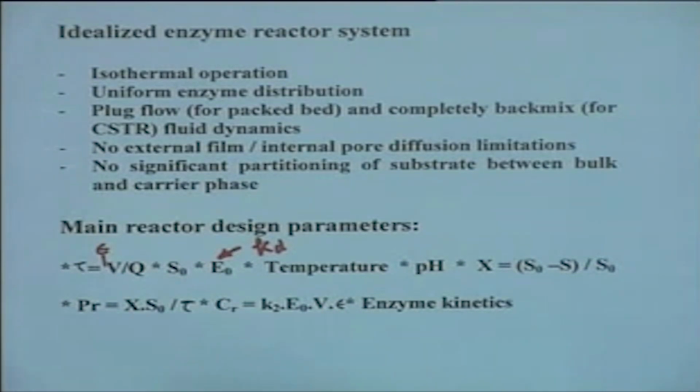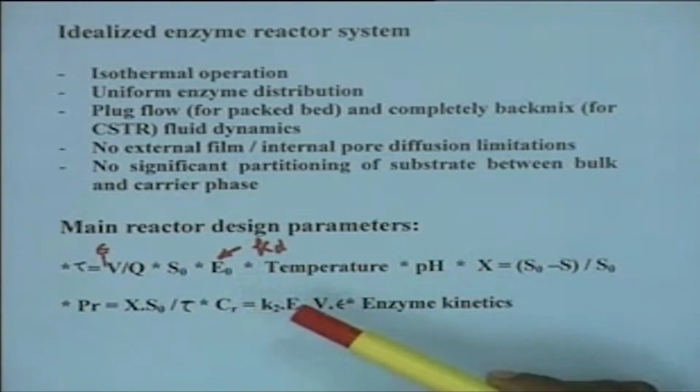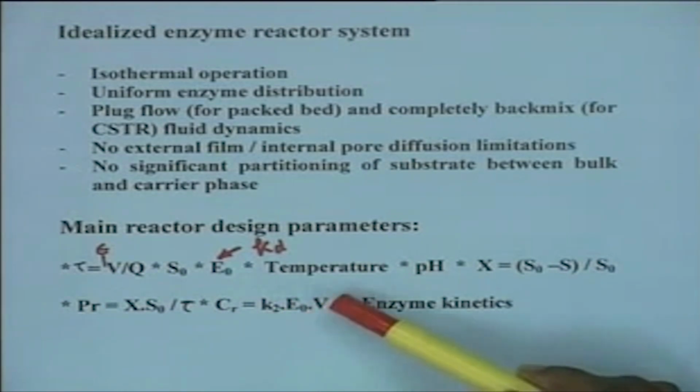So obviously the total bed multiplied by the voidage will give you the fluid volume in the reactor. In the case of CSTR, voidage can be considered almost equal to 1, because the volume occupied by the carrier is very small compared to total reactor volume. Then reaction capacity can be given by K2 E0, which is Vm, multiplied by the reactor volume and the voidage.